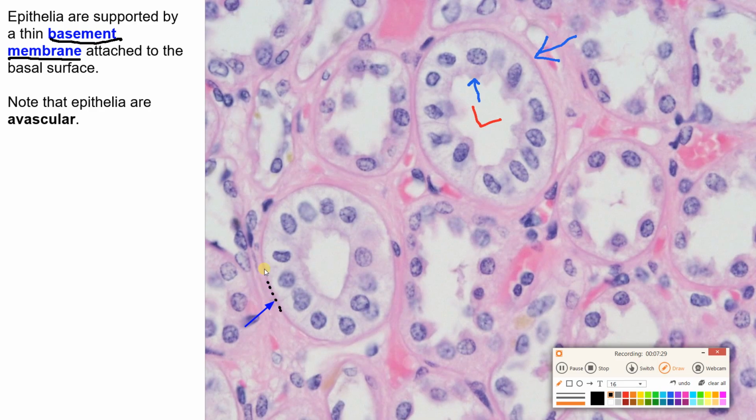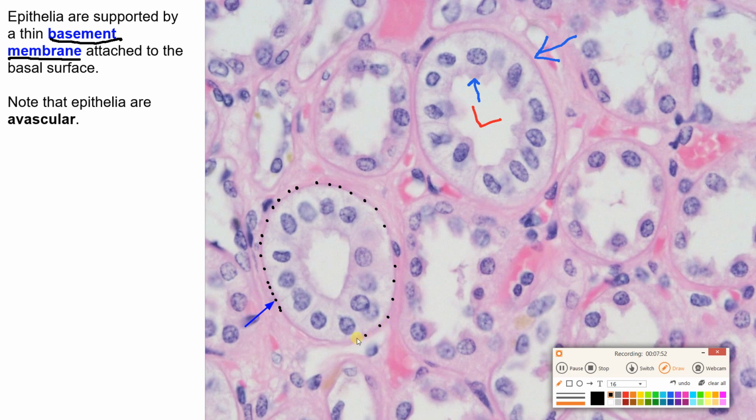This pink line here, that is the basement membrane. It's like the supportive proteinaceous layer that's going to be attached to the basal surface of an epithelium. Now, you don't always see it. Like we see it nicely here in this particular tissue, but it just depends on your slide and your organ. You don't always see it, but it's always there.